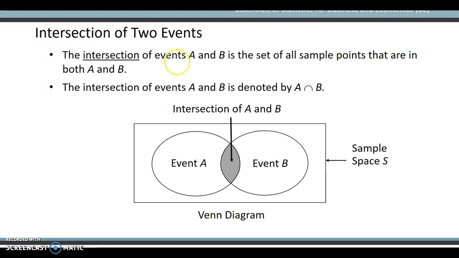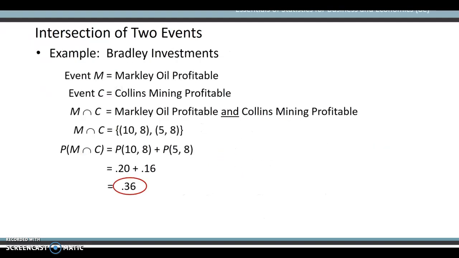The intersection of event A and event B is a set of all sample points that are in both. The intersection is just this colored section here where both A and B are true. The intersection of two events, this would be where both Markley Oil and Collins Mining are both profitable.